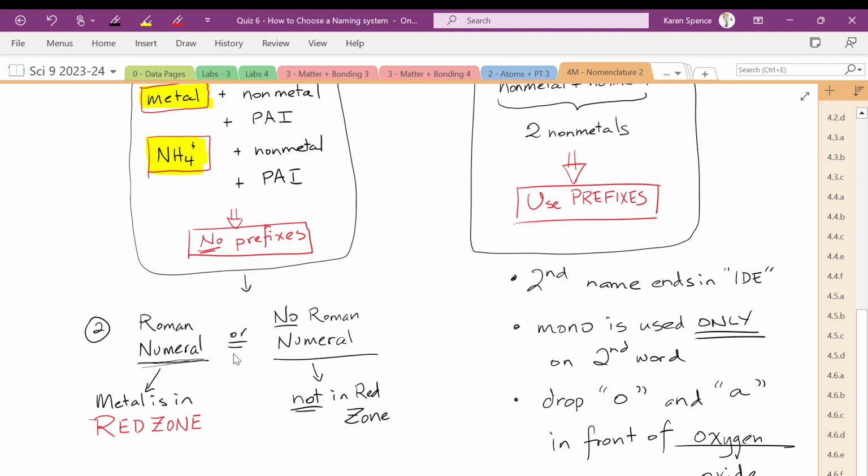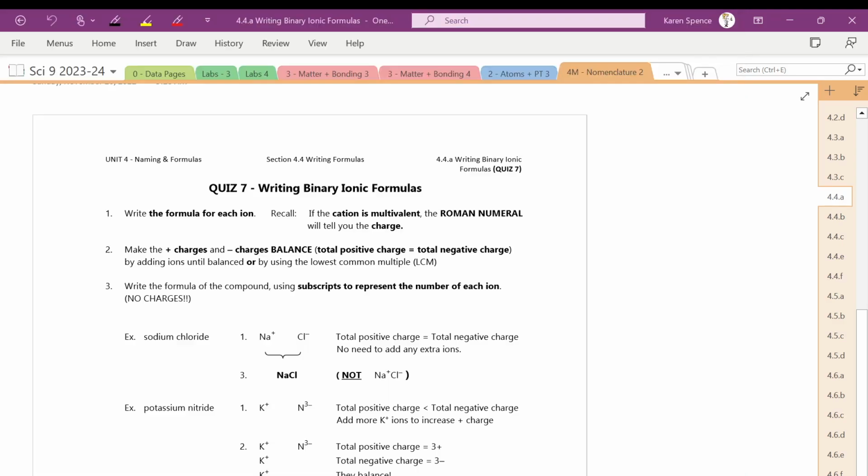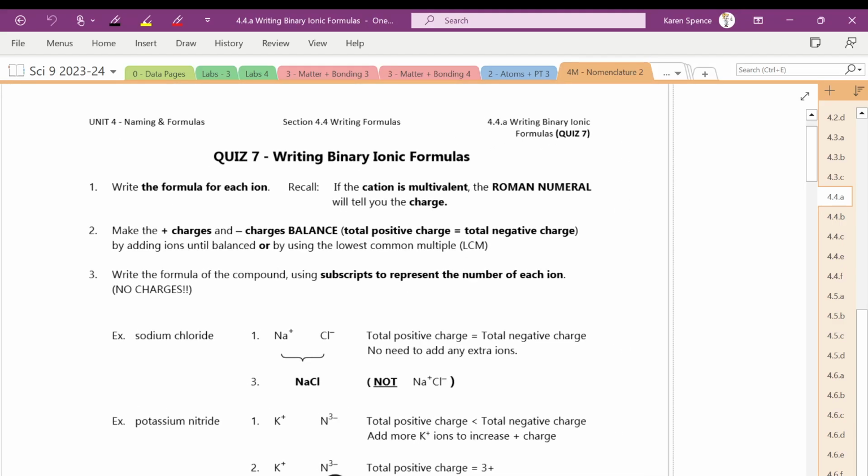See if you can get through quiz 6 today, or at least through quiz 5 today, and maybe quiz 6 if you don't. You can, and in fact, I'm going to go over some quiz 7 stuff right now.